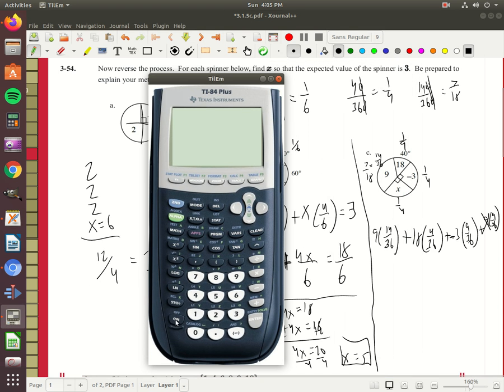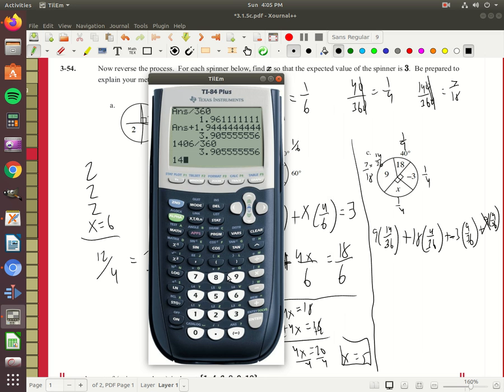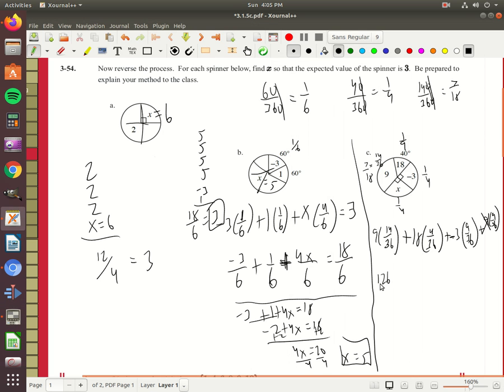Long story short, I'm going to grab a calculator. I'm going to multiply 14 times 9. I'm going to get 126 over 36, plus 18 times 4 is 72 over 36, plus, actually that should be minus, right? I'm actually subtracting.